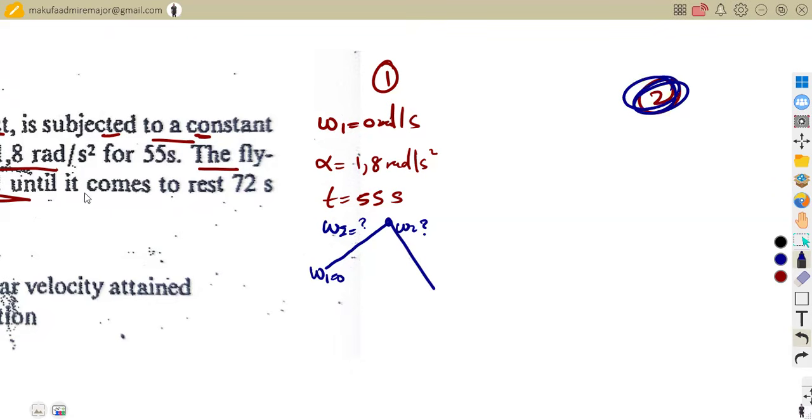At the second stage, when it starts to decelerate, the omega2 of the first stage is our omega1. So on this second stage, our omega1 is equal to omega2 of the first stage. We have to calculate that value and substitute it here, because we haven't calculated it yet.